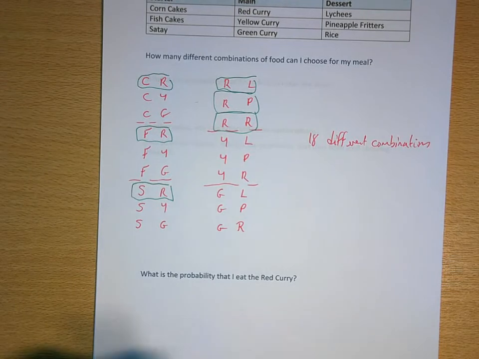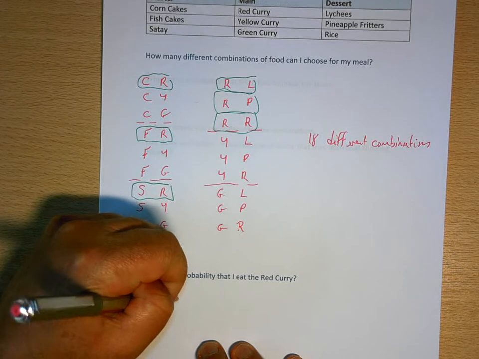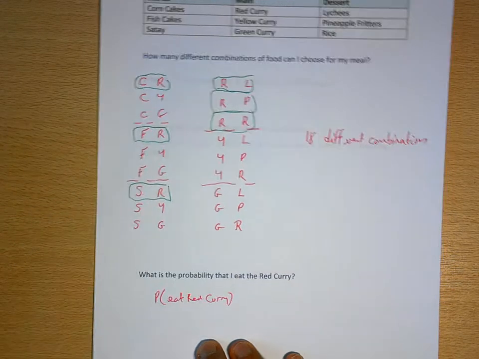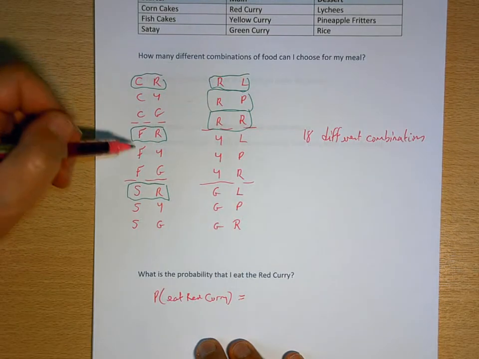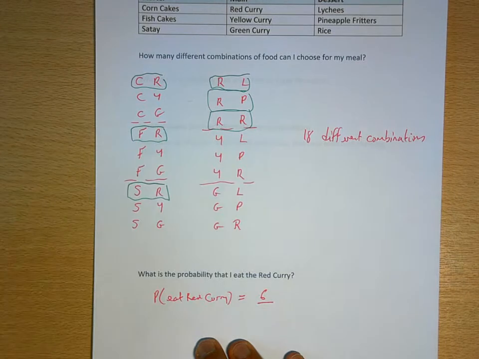So out of the 18, probability eat red curry will be 1, 2, 3, 4, 5, 6 out of the total 18 different combinations.